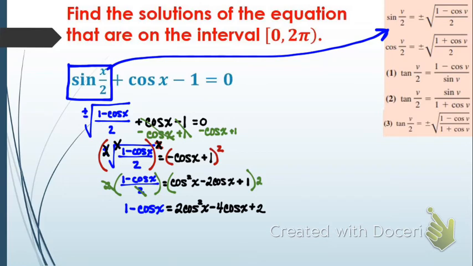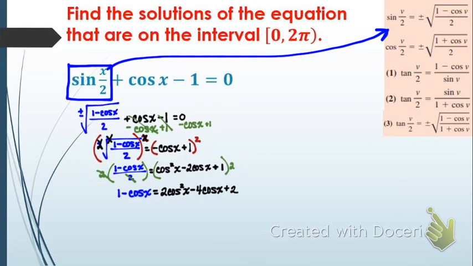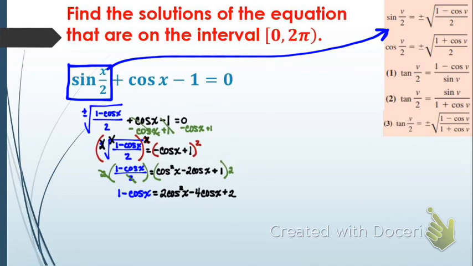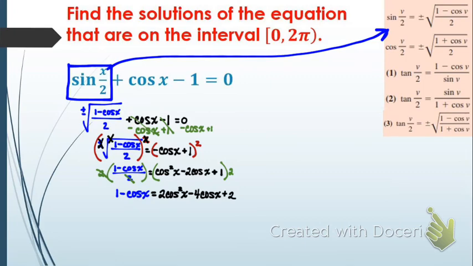What do you notice about this? It's quadratic. And quadratics we always want equal to 0. So I'm going to subtract 1 from both sides. And I'm going to add a cosine x to both sides.